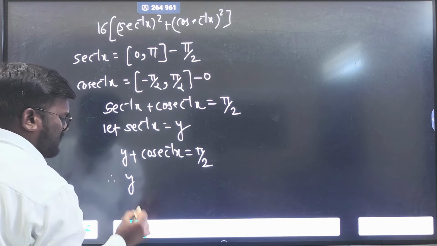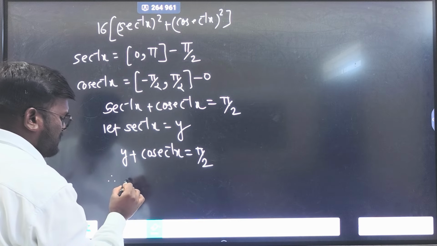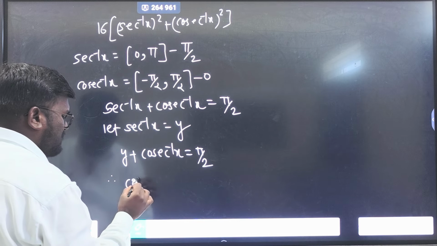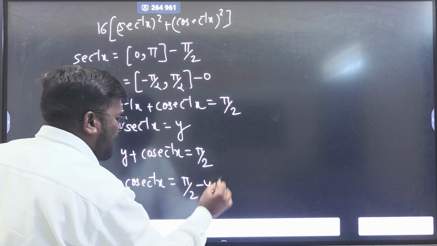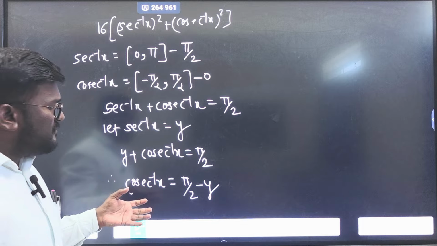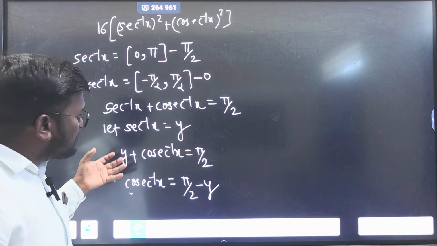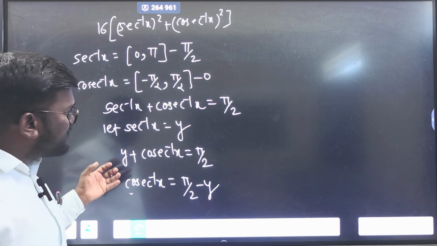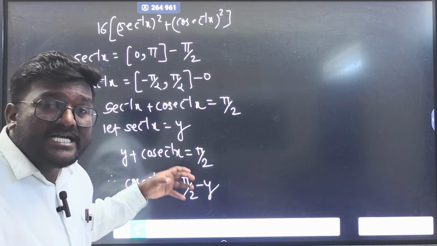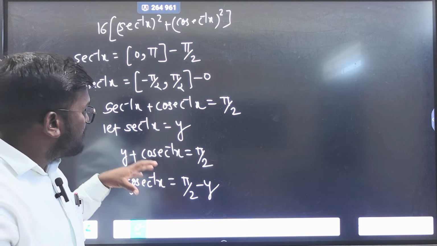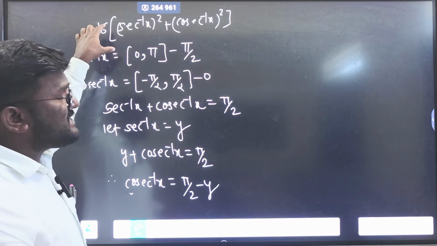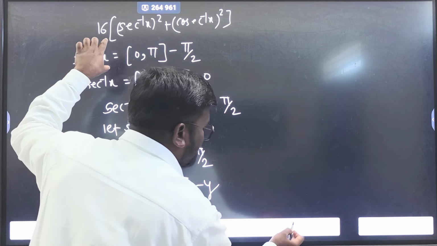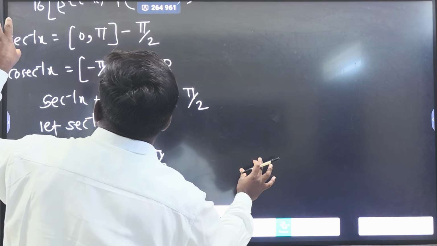Therefore cosec inverse x equals pi by 2 minus y. Now we have sec inverse x equals y and cosec inverse x equals pi by 2 minus y. These two values we will put in this equation.